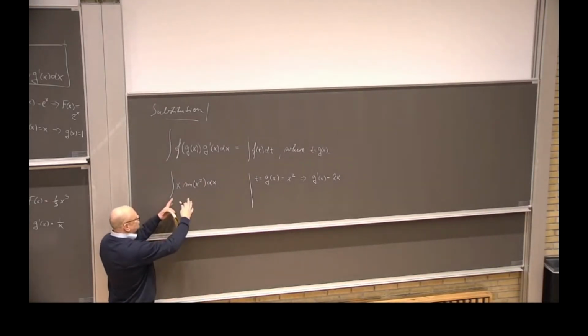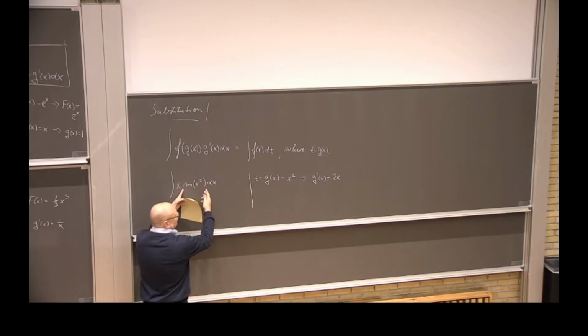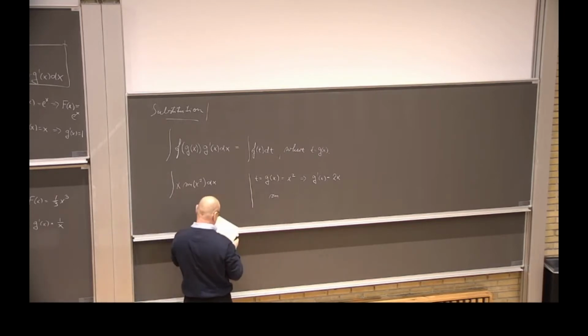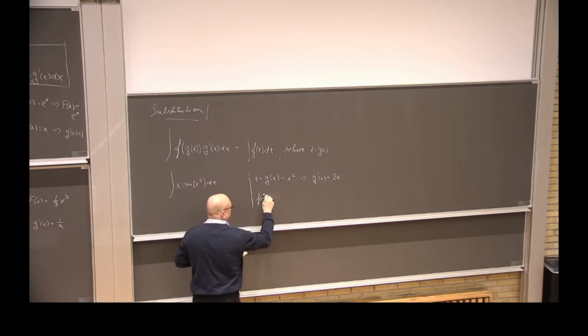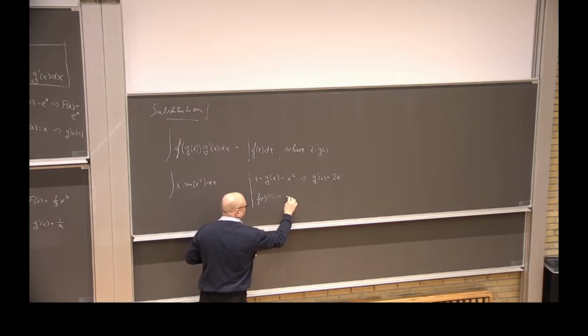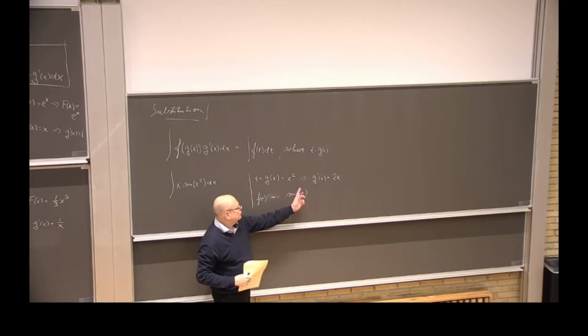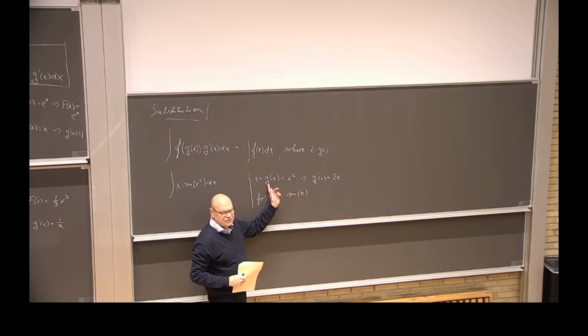Now the outer function would be sine of t, where t, of course, is equal to g of x.